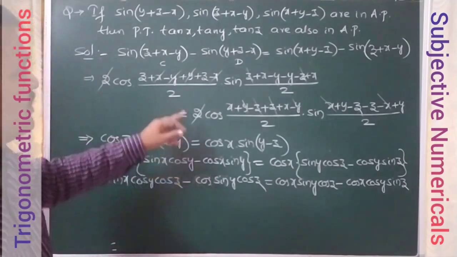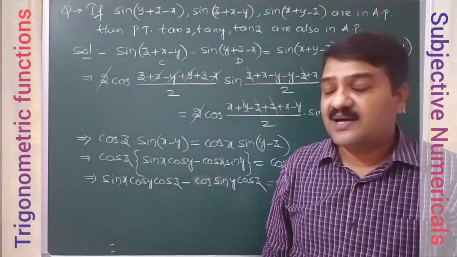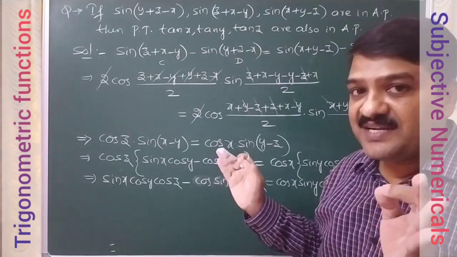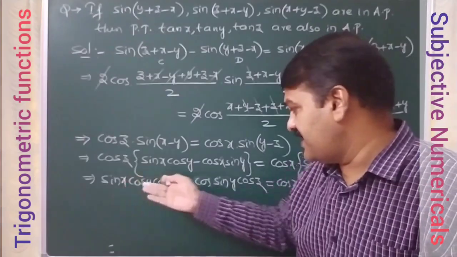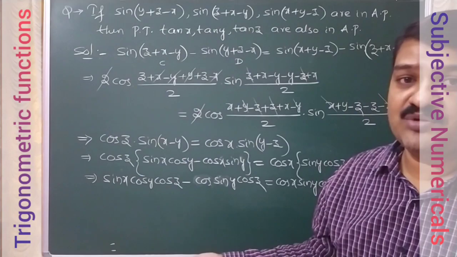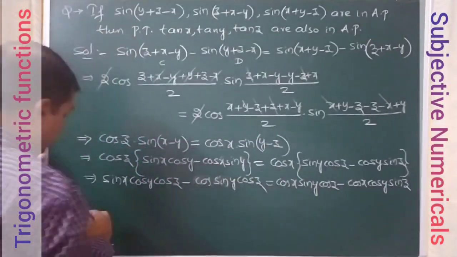So we have to prove that tan x, tan y, tan z are in AP. To get the actual tan function terms, we will divide by cos x cos y cos z. You have sine function terms here, and when a sine function is divided by a cos function, then only you will get a tan function.